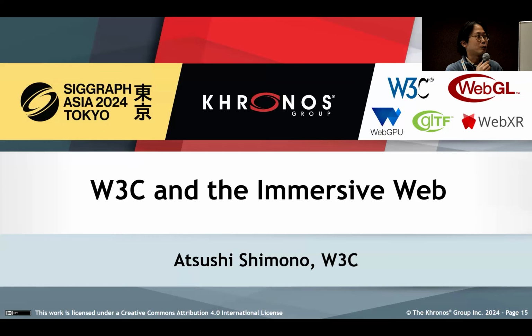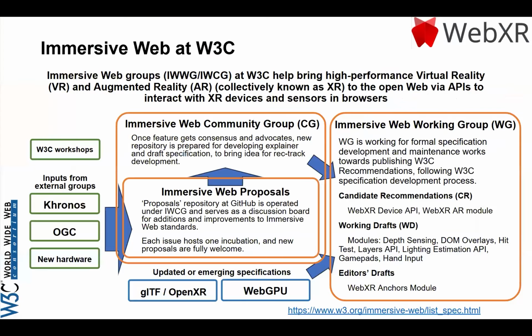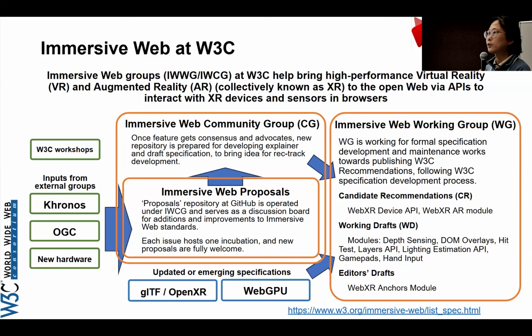Introduction and cooperation between W3C and Khronos. So I'd like to give an overview and recent updates about the immersive web activity in W3C. Sorry for the smaller characters, but immersive web activity at W3C is organized by two or three groups, and most of the recommendation specification development is done under a working group, but we have a companion community group open to the public, and proposals are discussed under the community group.